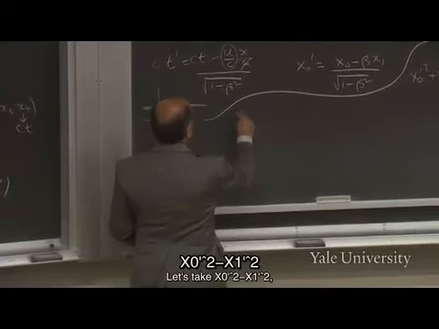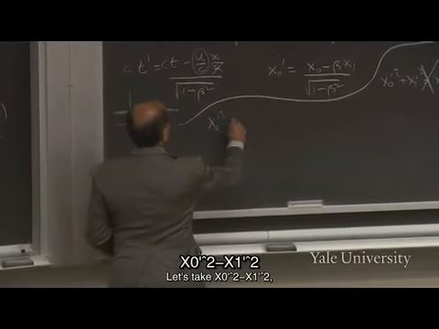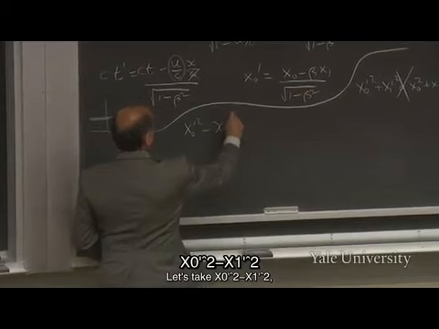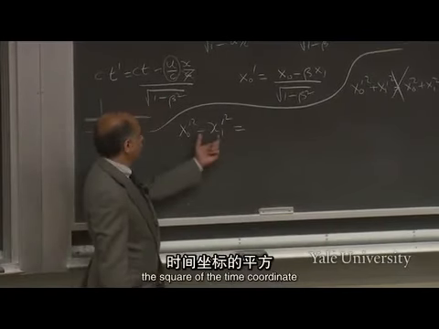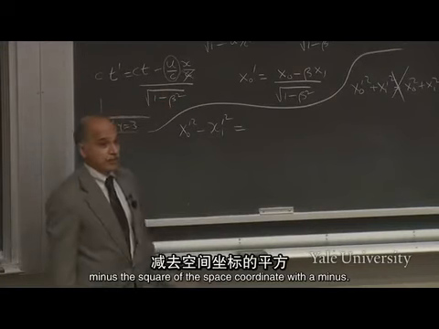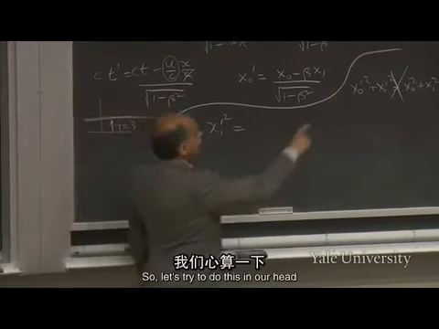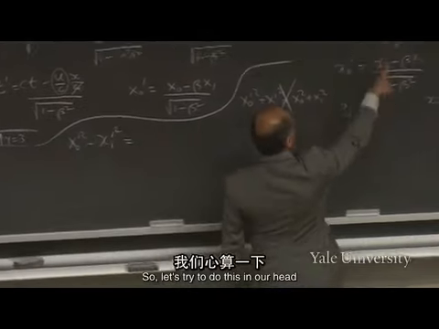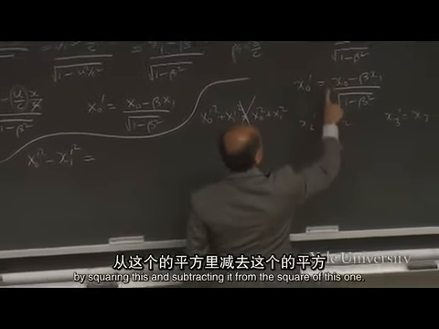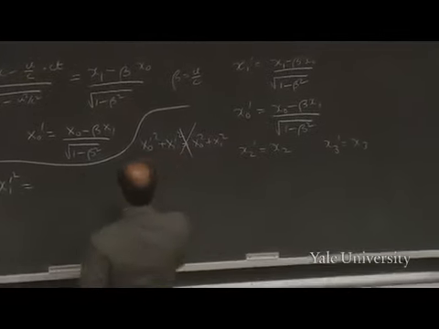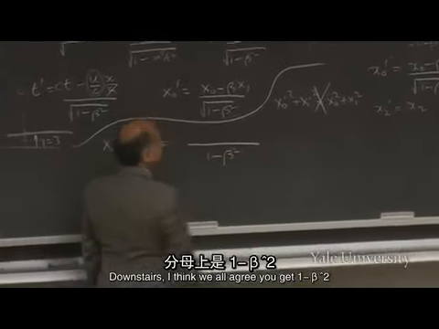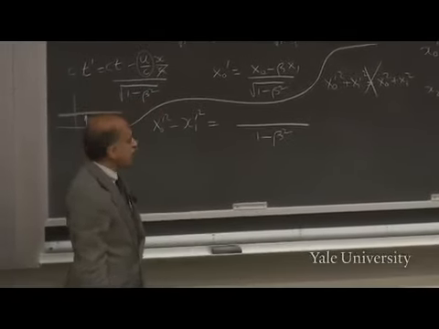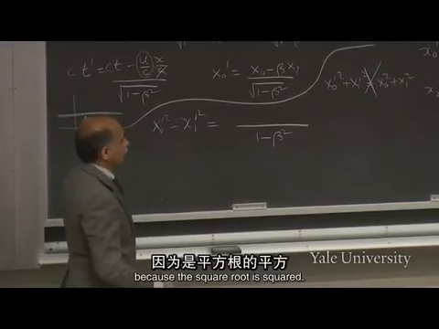Let's take x naught prime square minus x1 prime square. The square of the time coordinate minus the square of the space coordinate with the minus. So let's try to do this in our head by squaring this and subtracting it from the square of this one. Downstairs, I think we all agree, you get 1 minus beta square, because the square root is squared.